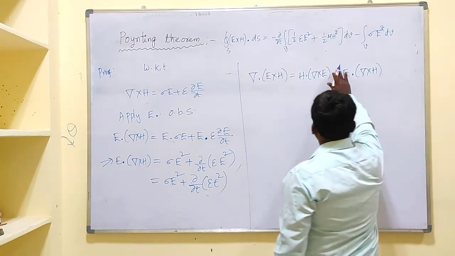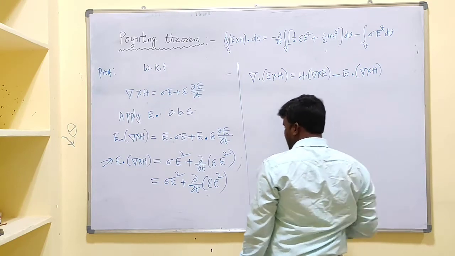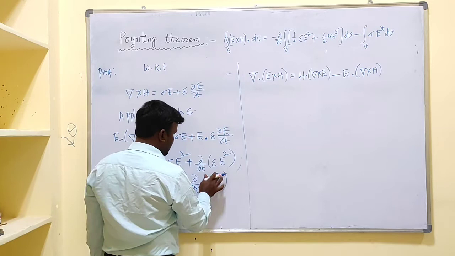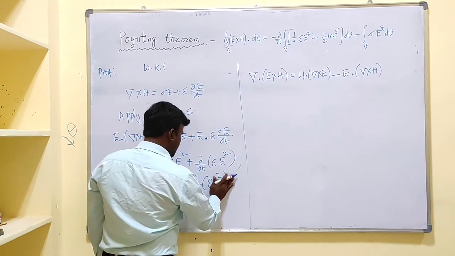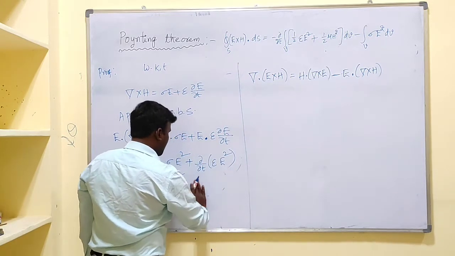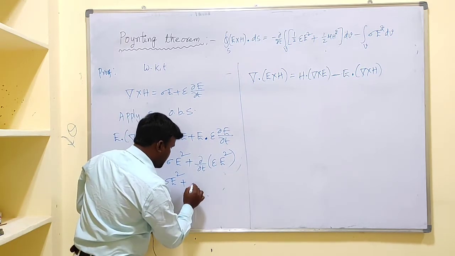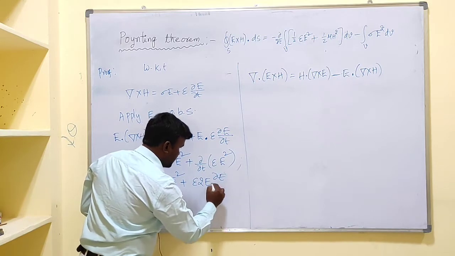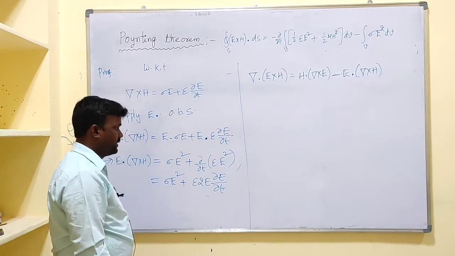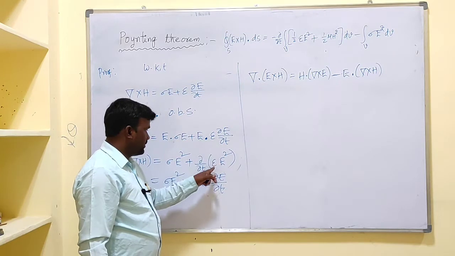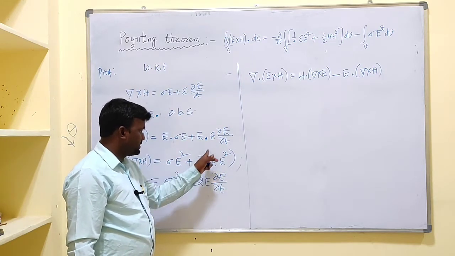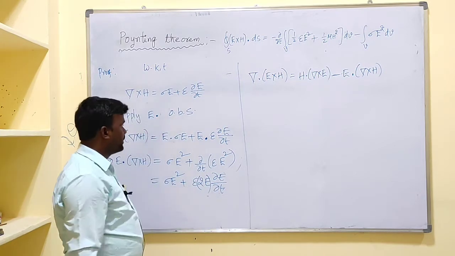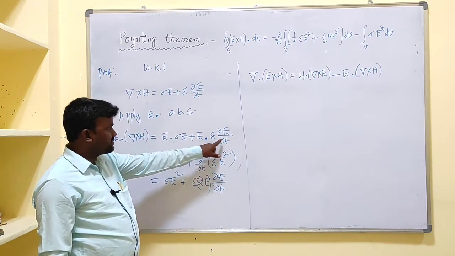Okay, this is not plus, it is minus, and I made one mistake here also, in E dot epsilon dou E by dou t. If I perform differentiation, the differentiation of E square with respect to t gives 2E into dou E by dou t, but we have E dot epsilon dou E by dou t.